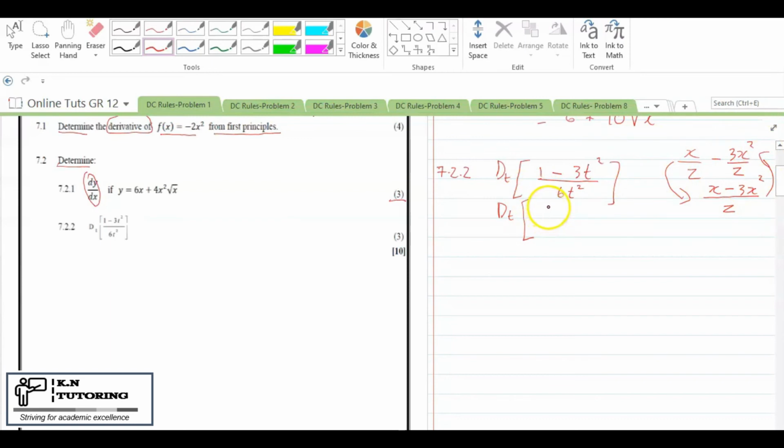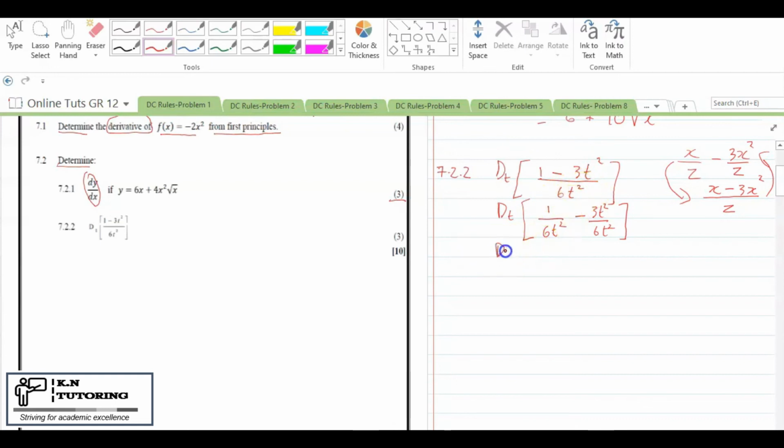So I'll be left with 1 over 6t squared minus 3t squared divided by 6t squared. What I did is I took the two terms at the top and separated them into 2 because they are both divided by 6t squared, which is common.